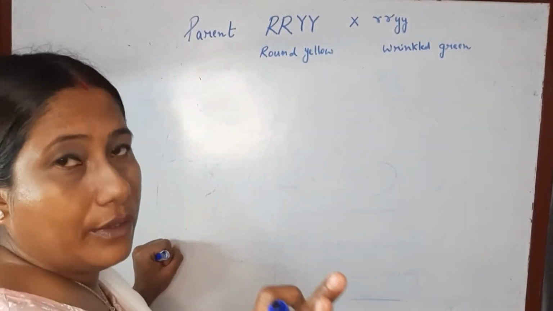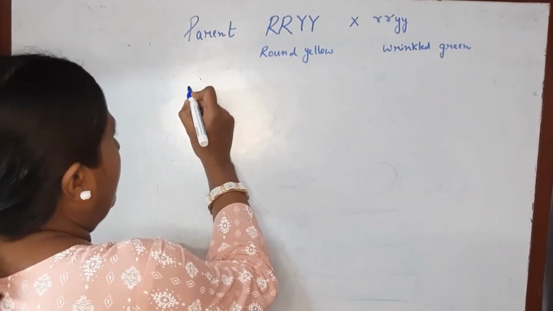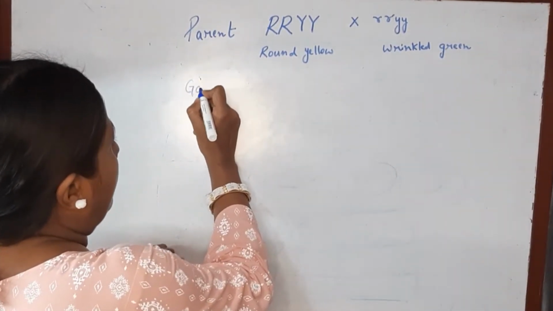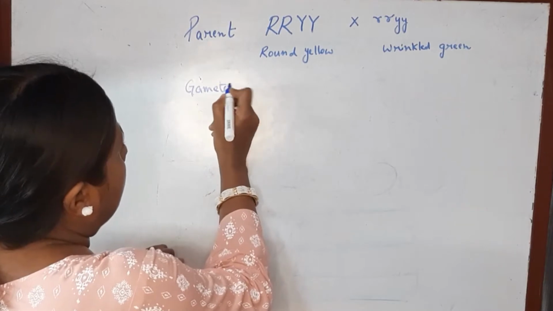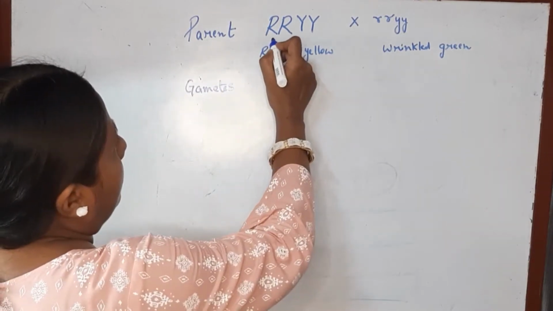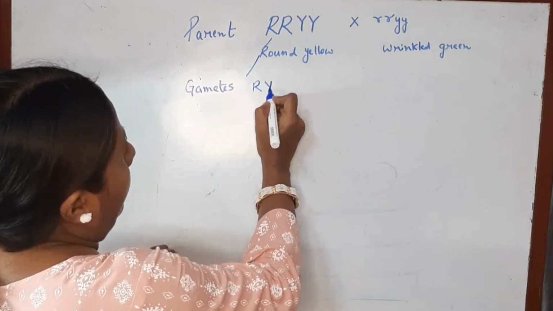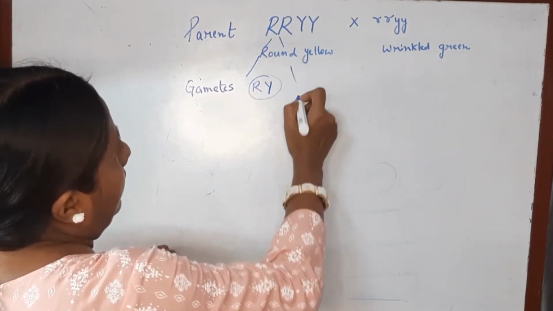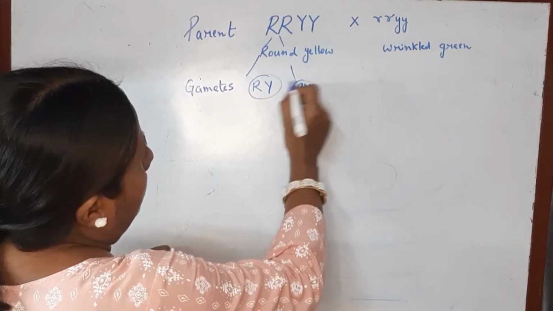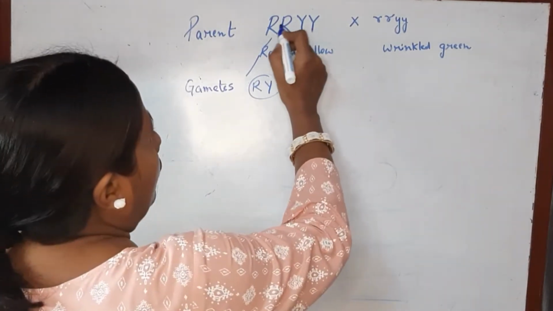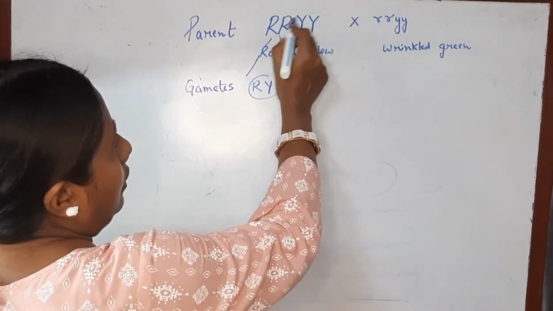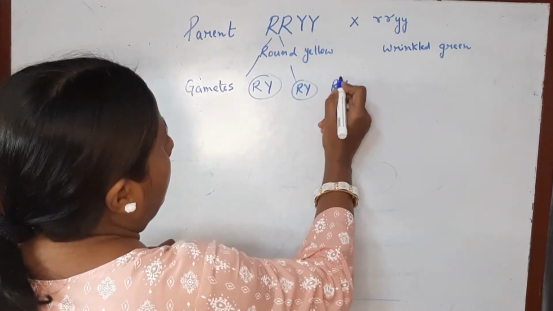As I told you in the previous video, we have to find out the gametes. So write the gametes. Gametes are what? R, Y. How many combinations will we get? How many gametes? There will be 4: RY, RY, RY, RY.